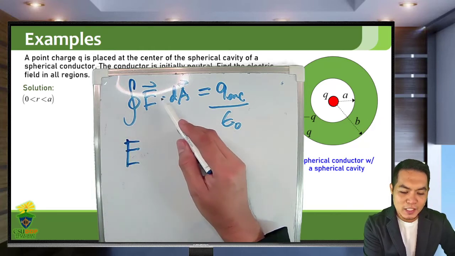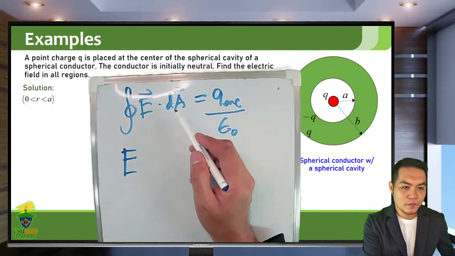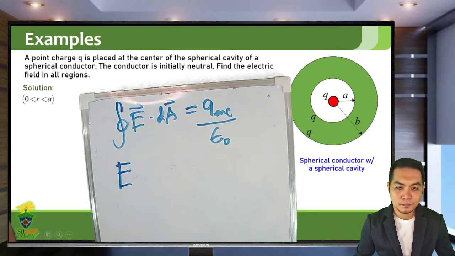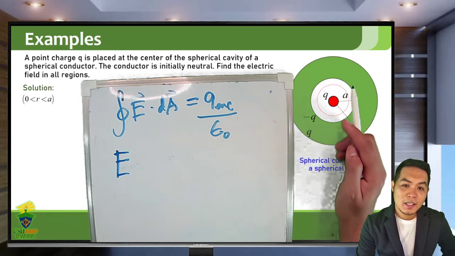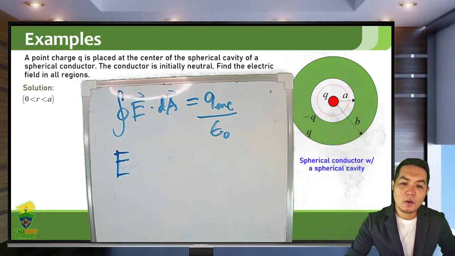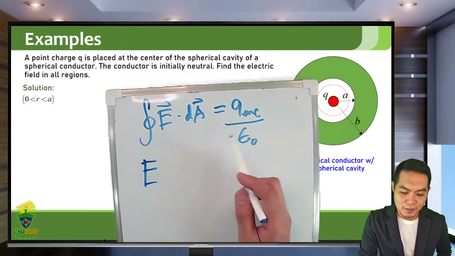By the way, this is E dA cosine theta, and in our Gaussian surface, the area vector is along r hat, and the electric field is also along r hat. So the electric field and the area have the same direction. Therefore, E dot dA is just E dA.